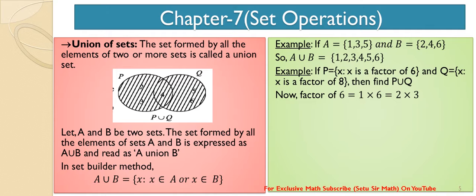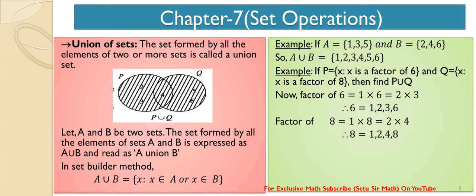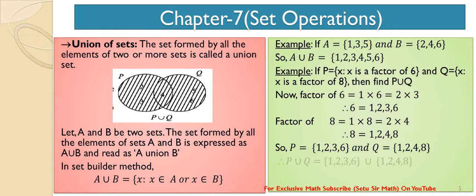Factors of 6: 1 into 6, 2 into 3, so P equals {1, 2, 3, 6}. Factors of 8 are 1, 2, 4, 8, so Q equals {1, 2, 4, 8}.